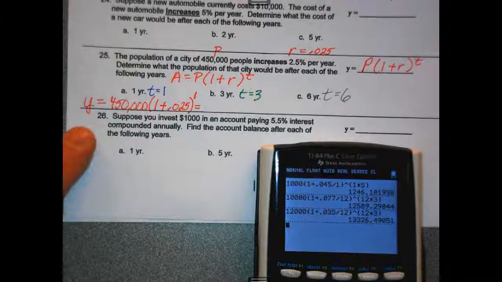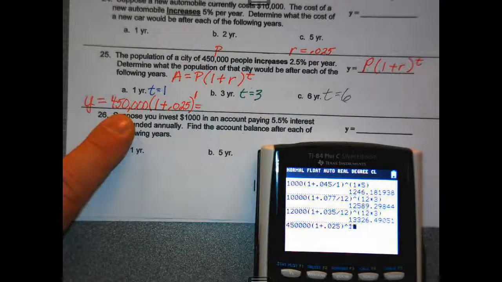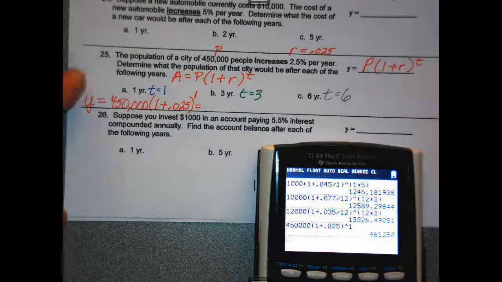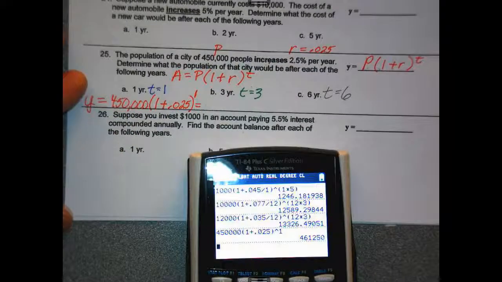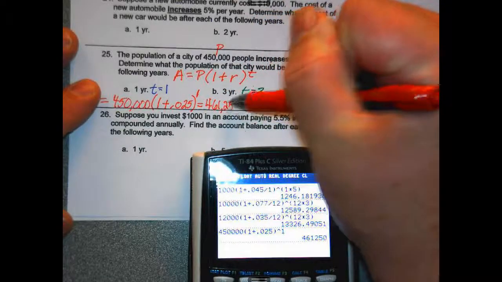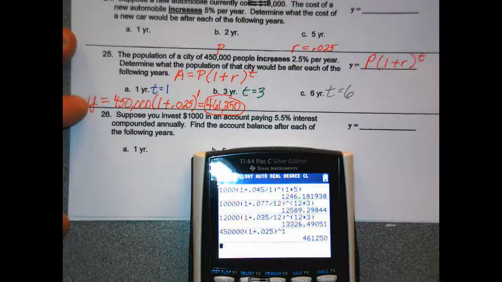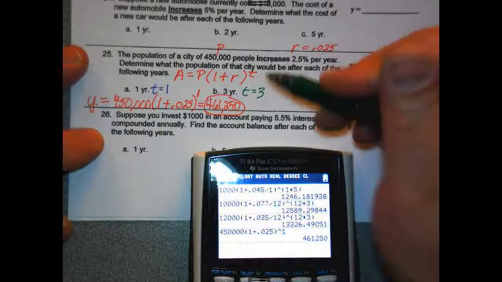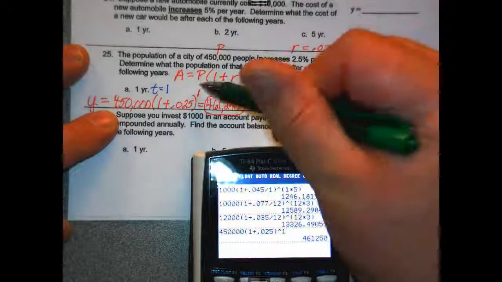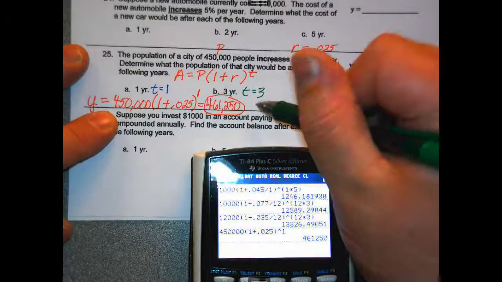That gives $461,250. Then for t equal 3, the only difference is just changing this 1 to a 3. Everything else stays the same, right?